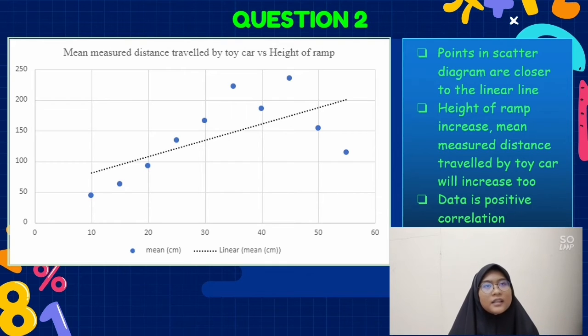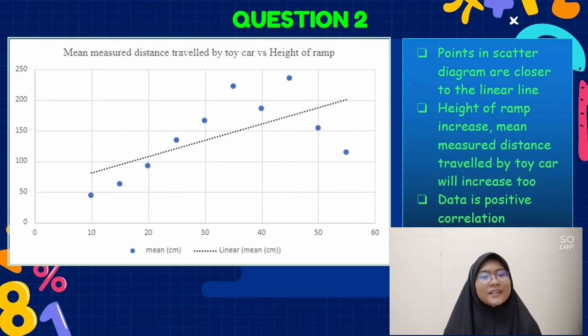That means if the height of the ramp is increased, the mean measured distance traveled by the toy car will increase too. So the two variables have a linear relationship.